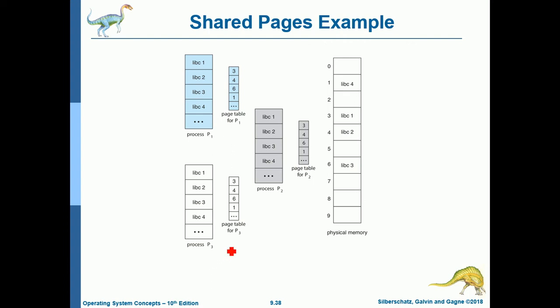We also have process P sub 2, and they have their corresponding page tables for P sub 1, P sub 3, and P sub 2. Since they are using the same libraries, the pages should all be located at the same location. That's the mechanism of shared pages. Because they are sharing these pages, the address in the physical memory must all be the same.